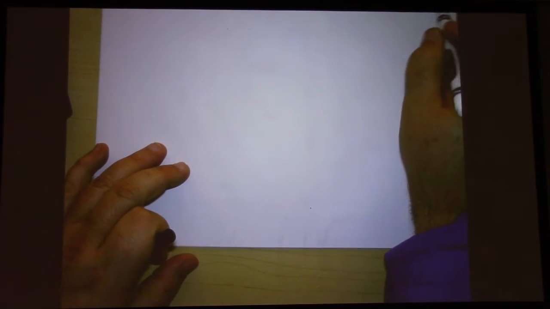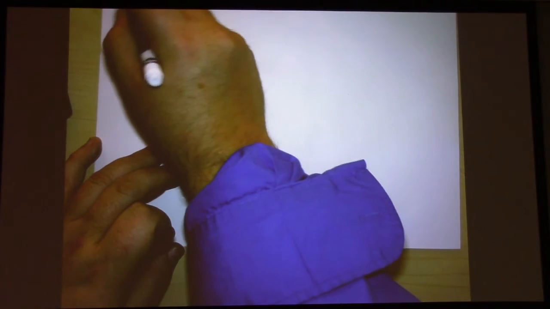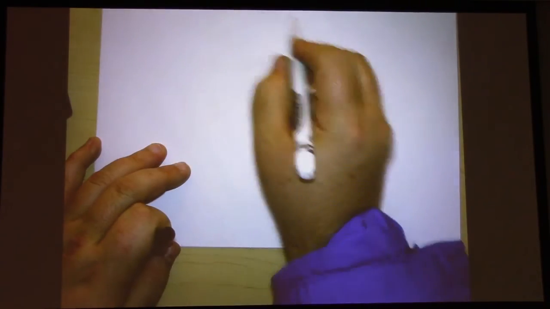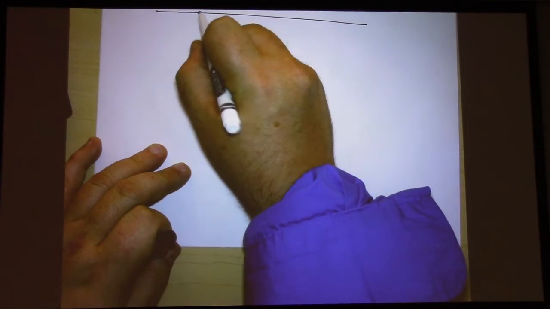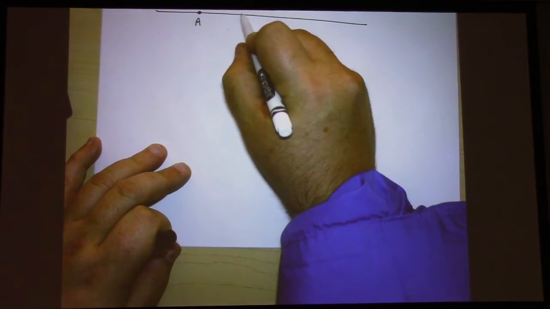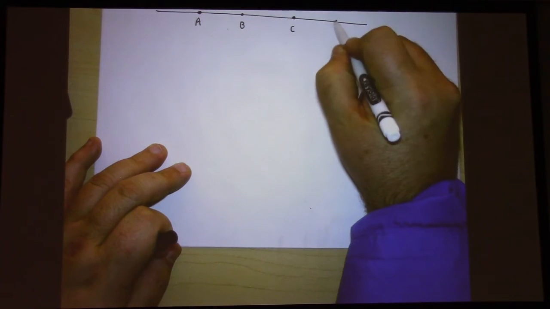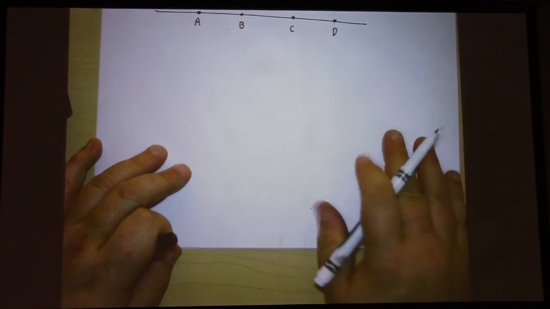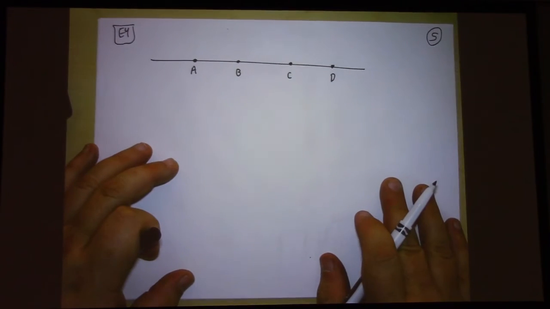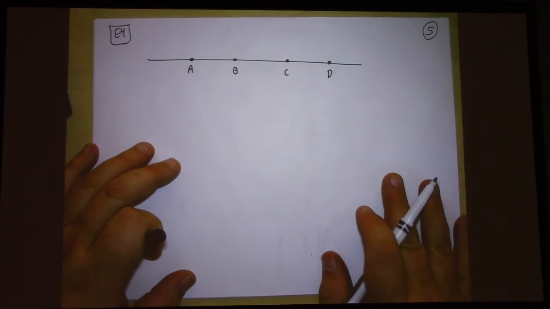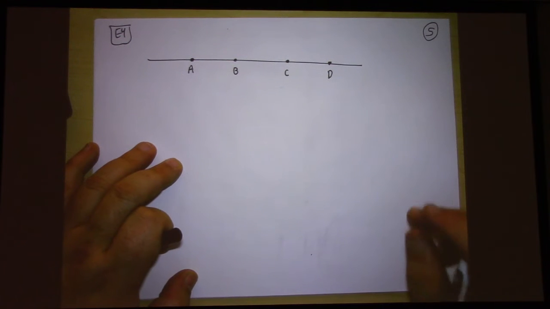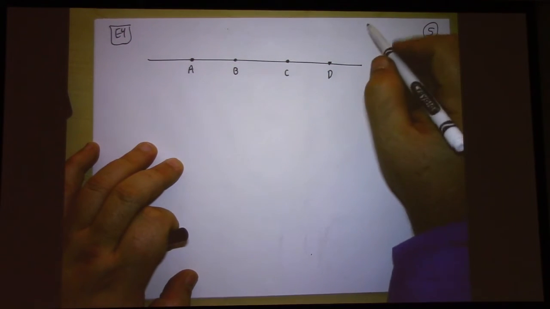Problem, page 5 here. So we're on example 4. So suppose you've got a line, and you've got point A, you've got point B, you've got point C, and you got point D. All right? Oops. You guys got to stop me when I'm writing off the edge of the world here. And you're given a few facts and figures here.